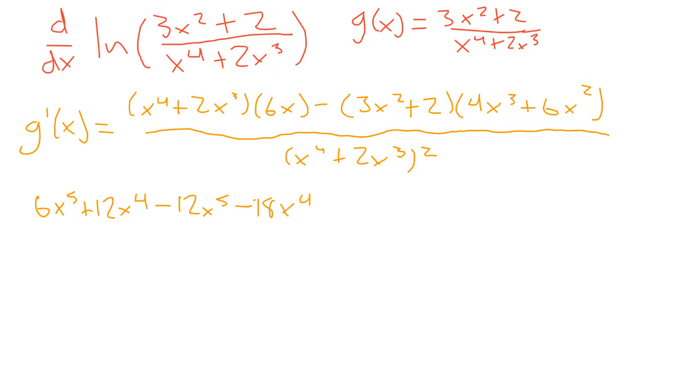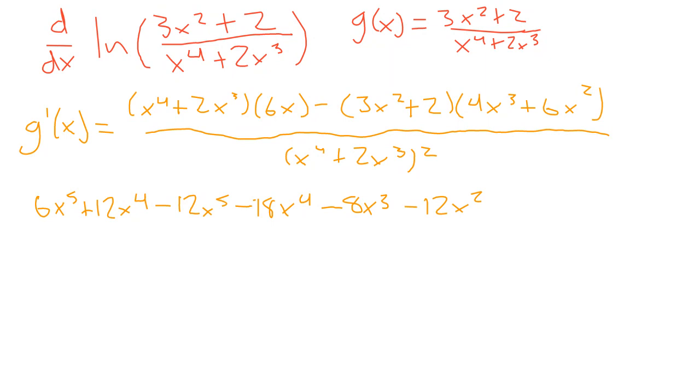Once again, a negative, so distribute. Then we have 2 times 4x cubed, so 8x cubed. Distribute the negative. And lastly, 12x squared. Once again, distribute the negative.